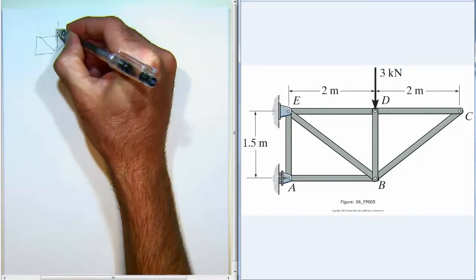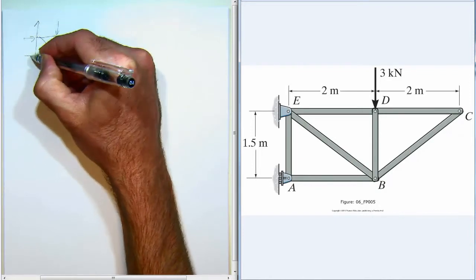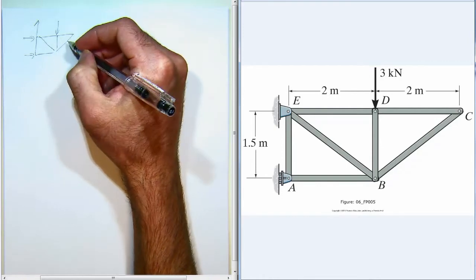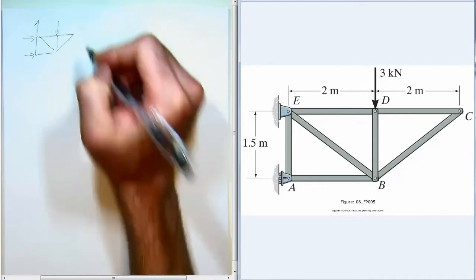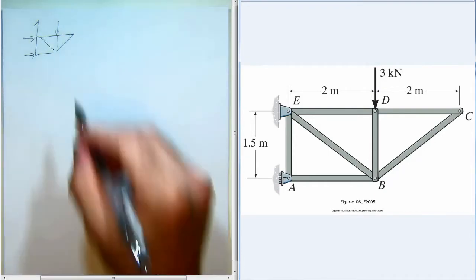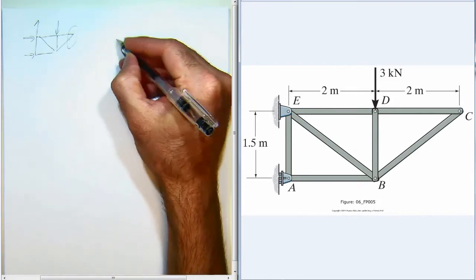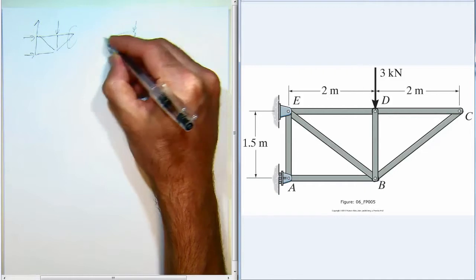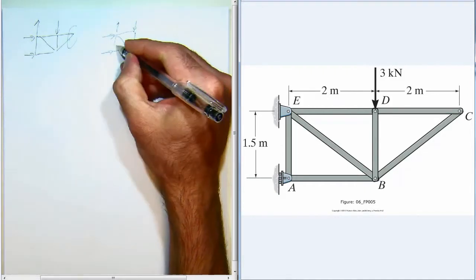So we have an applied force here, we have reactions at E and A, and so here are two non-collinear members that have no external force applied to their joint. So these are zero force members. So we could redraw the truss, getting rid of those zero force members.